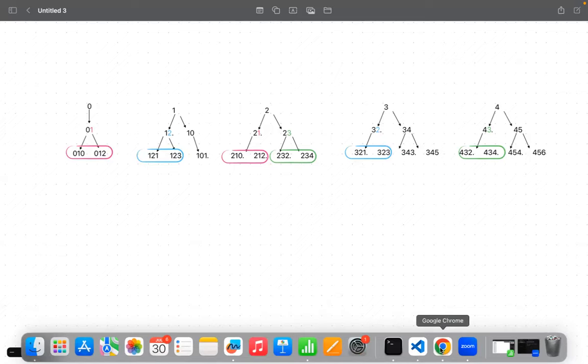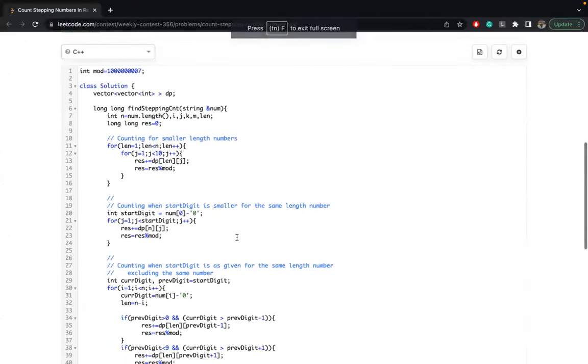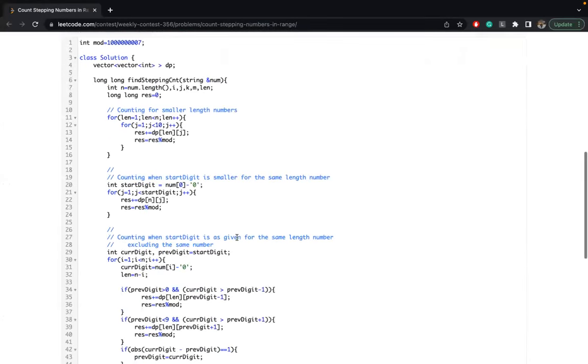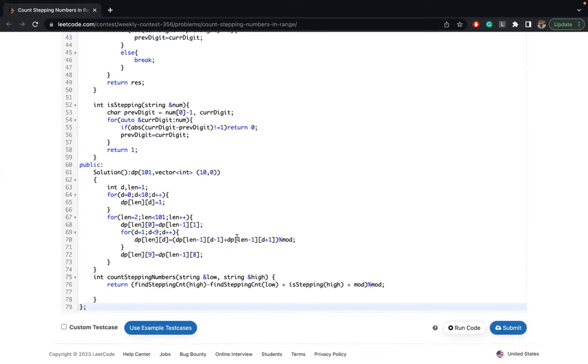So you can pause it here and think about it yourself, and you can also write the implementation. So you can see how I have implemented it. One more thing: here, what I have done is I have counted all the numbers till high, and I have counted all the numbers till low, and I have just subtracted the count till low from the count till high.